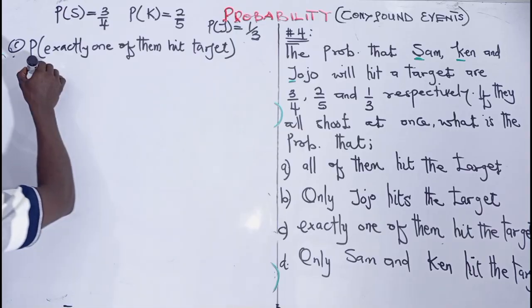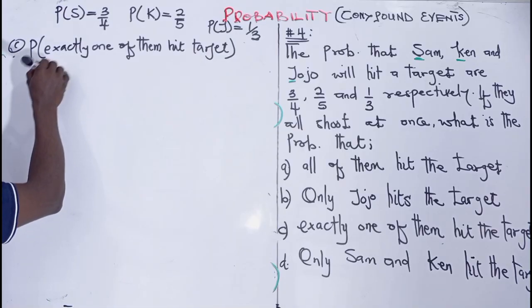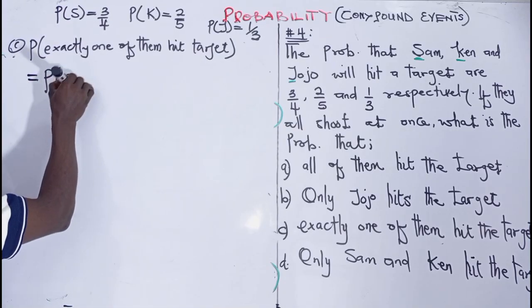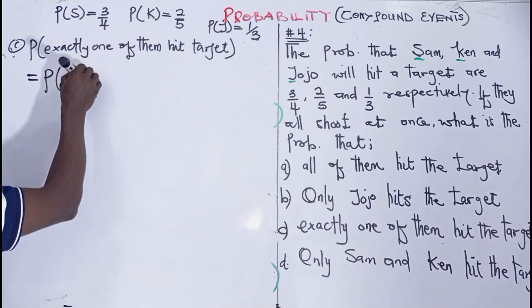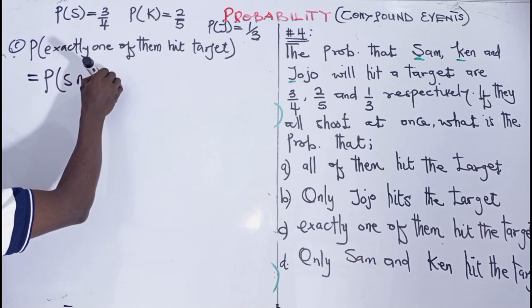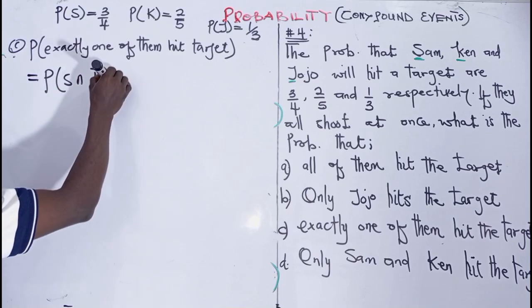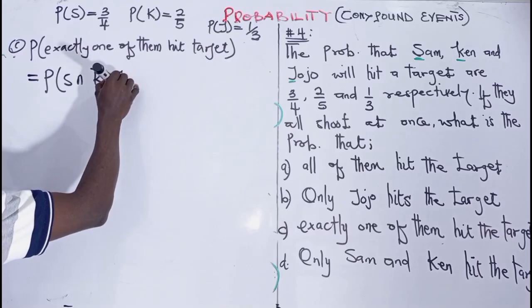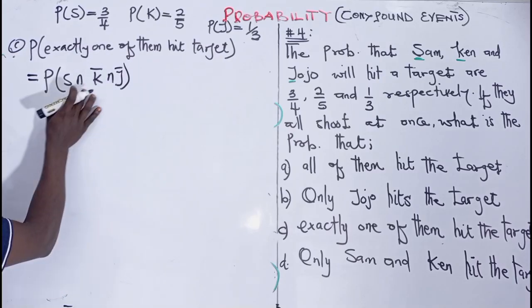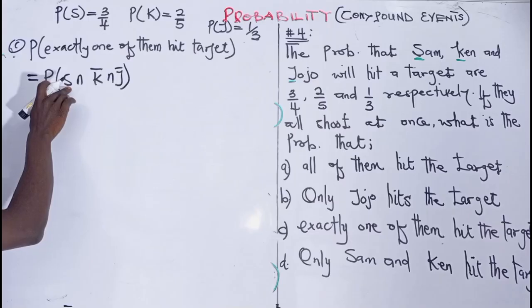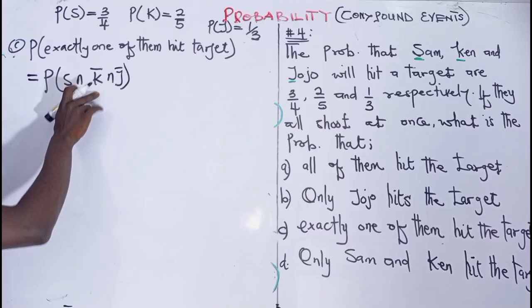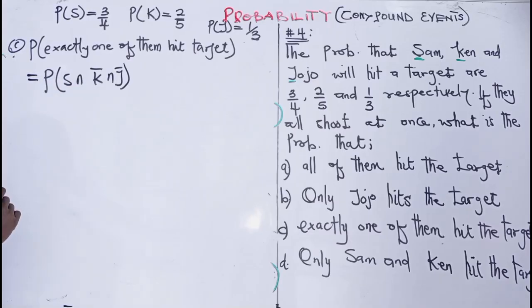probability that Sam hit the target and Ken missed the target and Jojo also missed the target. So within this event, you can see that it is only one of them, or exactly one of them, hitting the target, and that is Sam.